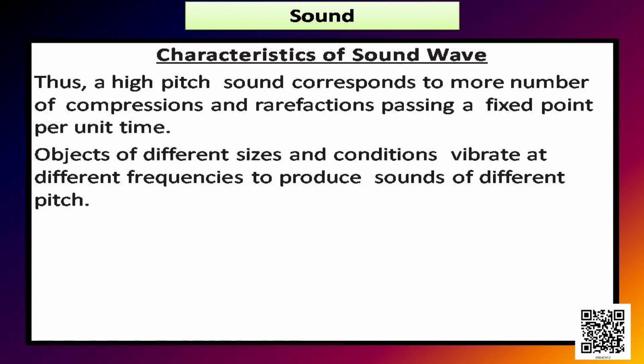Thus, a high pitch sound corresponds to more compressions and rarefactions passing a fixed point per unit time. Objects of different sizes and conditions vibrate at different frequencies to produce sounds of different pitch.